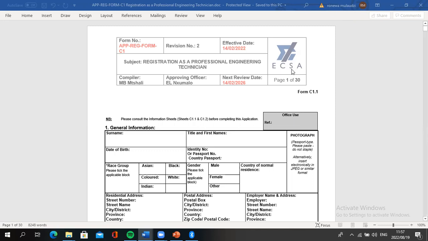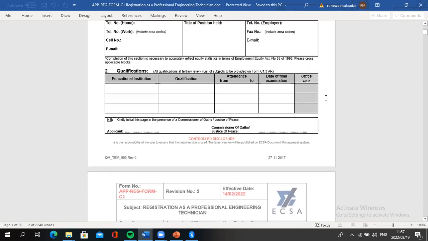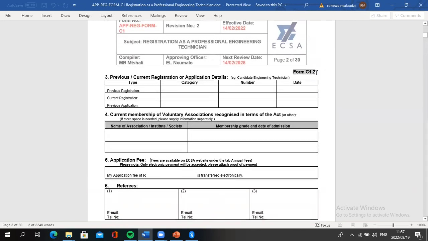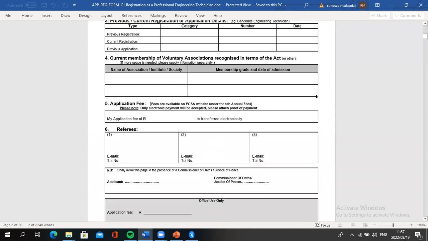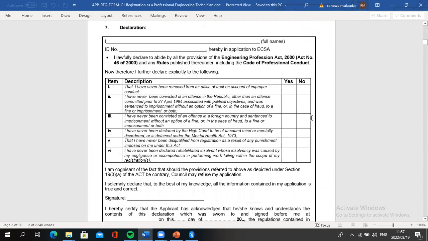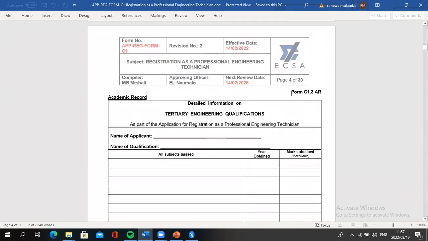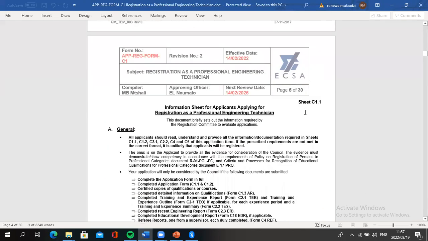So jumping on to the form and looking at the applicable sections, form C1.1 will be applicable. Form C1.2 will be applicable. Form C1.3, your academic record, will be applicable.